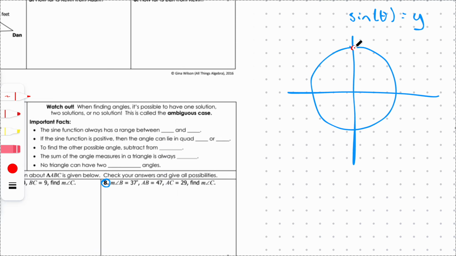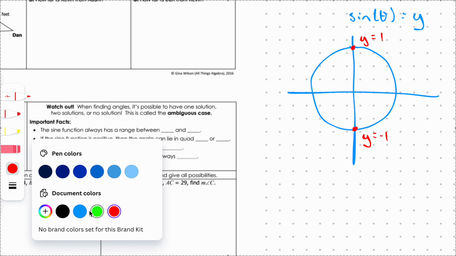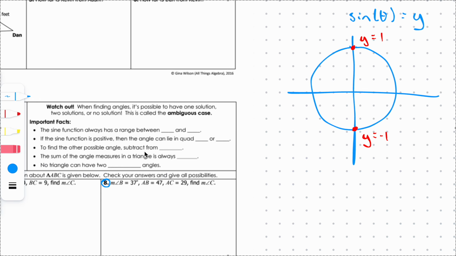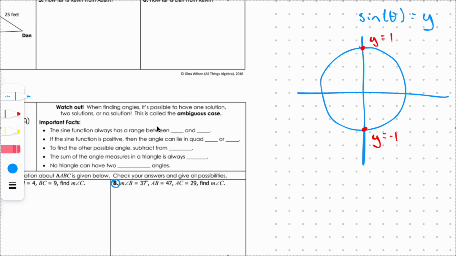And that comes at these 2 points where y equals 1 and y equals -1. So that means sine equals 1 and sine equals -1. And it can fluctuate anywhere in between. So the sine function always has a range between -1 and 1.